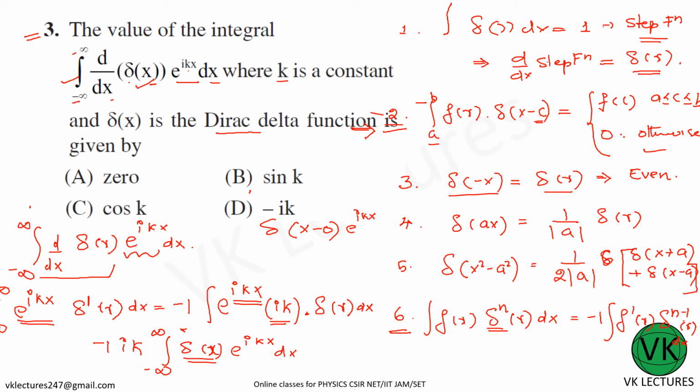So put x equal to 0 here and you get f of c. So e to the power 0 is nothing but 1. So minus 1 into ik into 1 is nothing but minus ik.